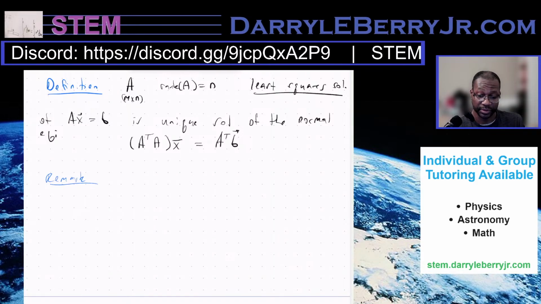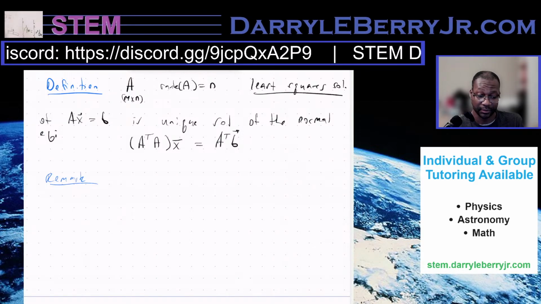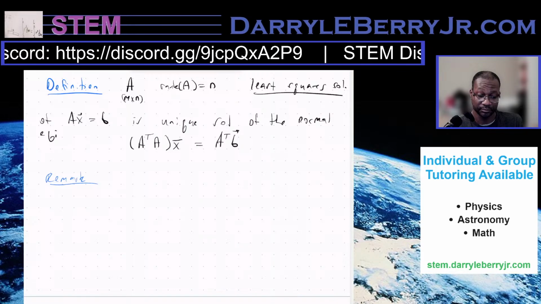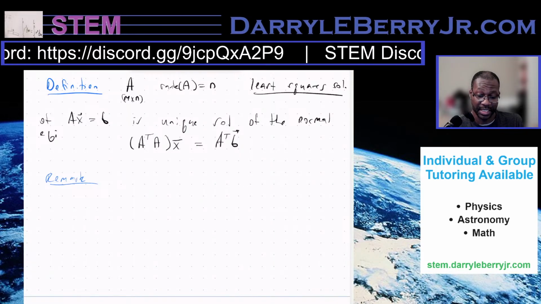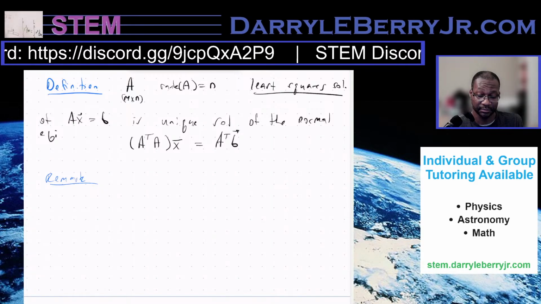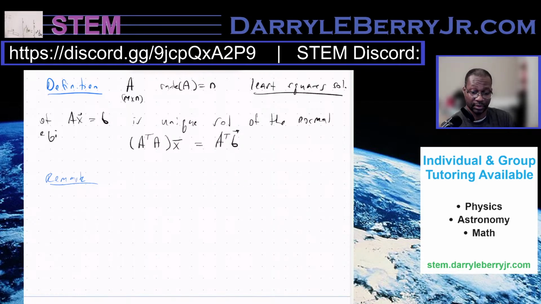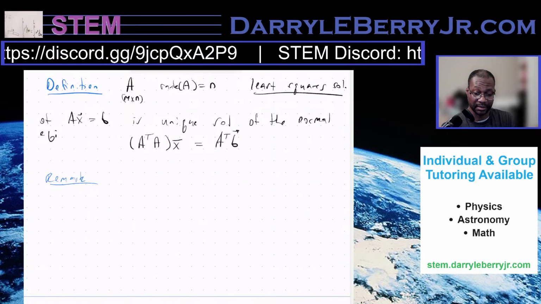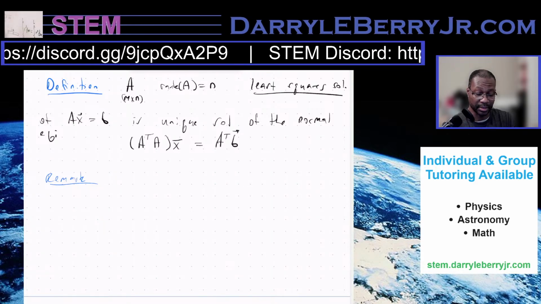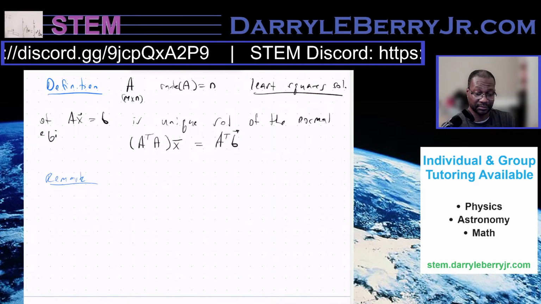Every one of those solutions X gives rise to the same projection, AX equals P, because P is the unique vector in the column space of A with the property that B minus P is in the null space of A transpose.